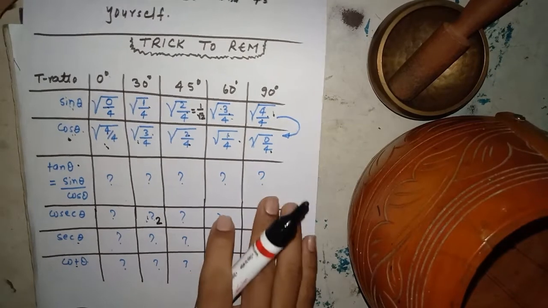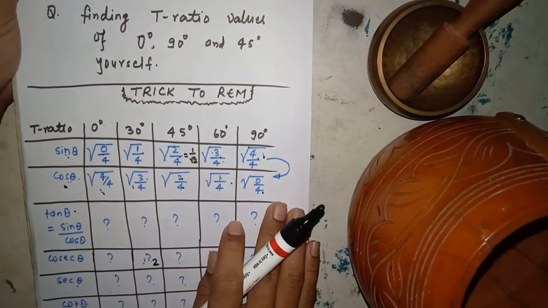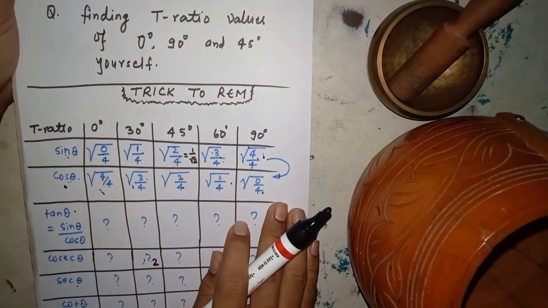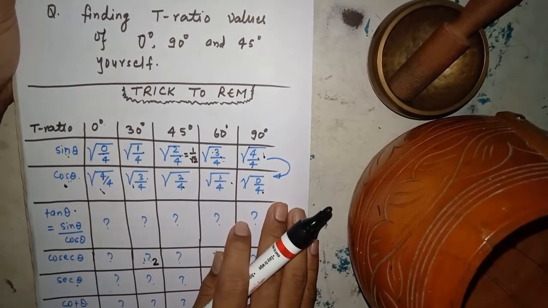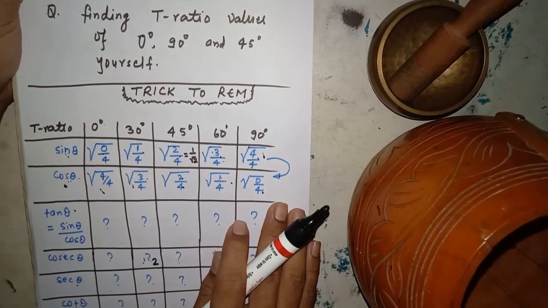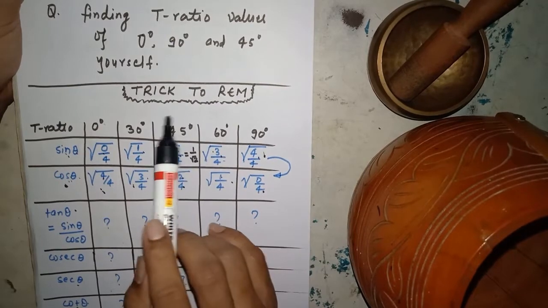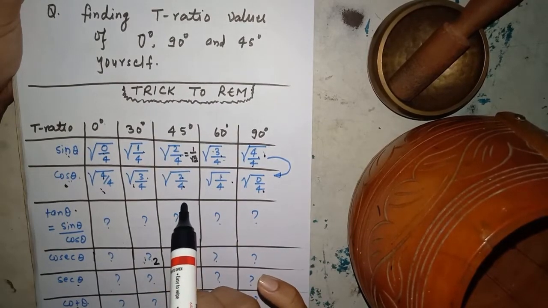So now the next topic is, if you evaluate the problems we have discussed so far, we got some value for every trigonometric ratio for these particular angles.